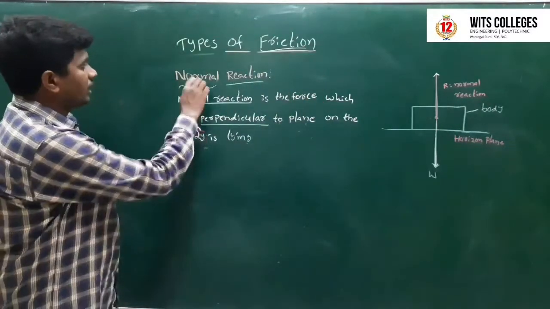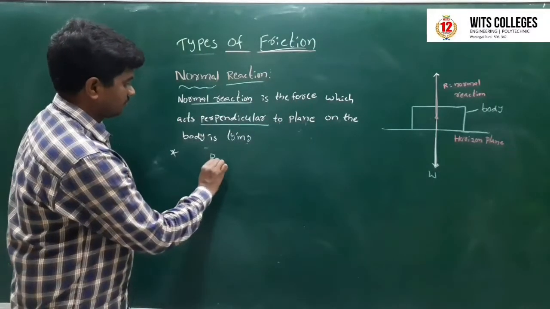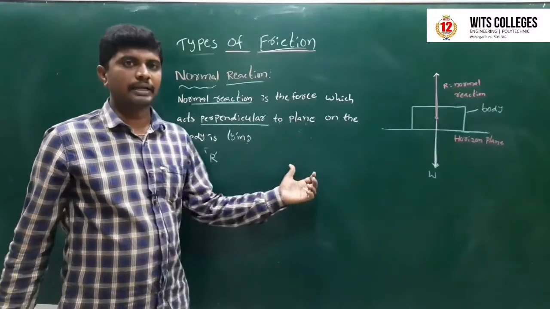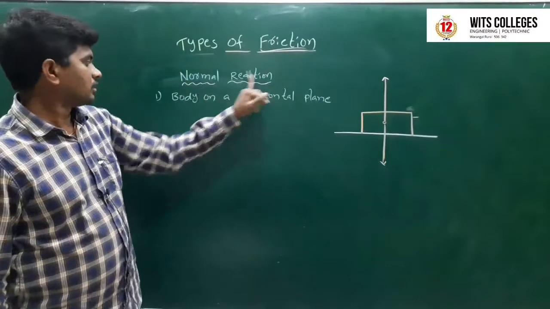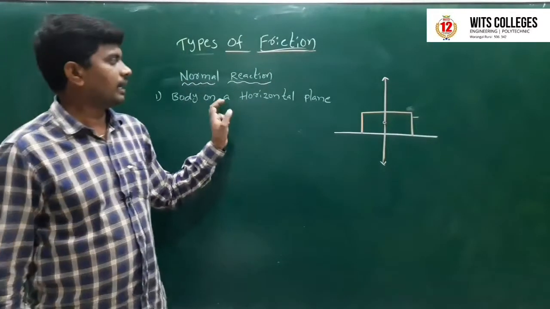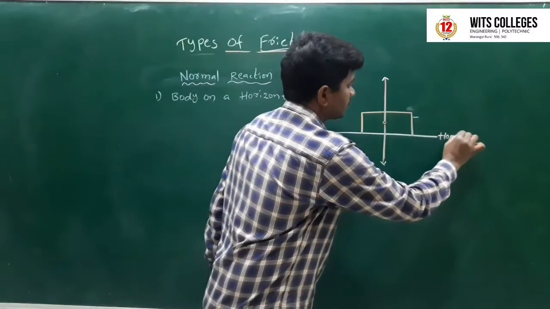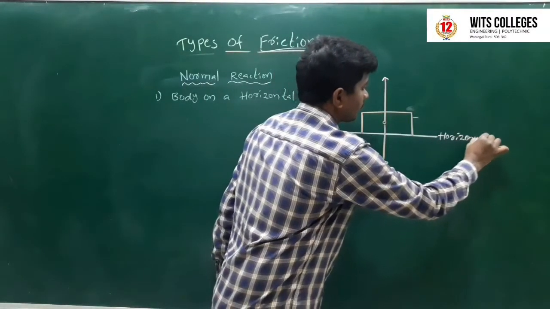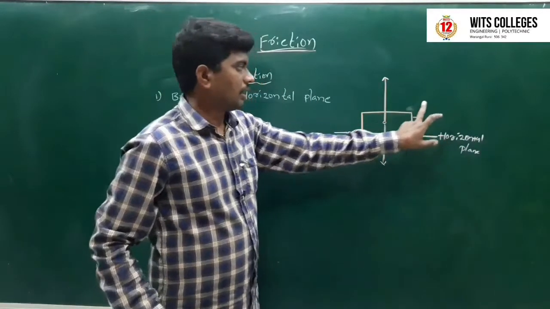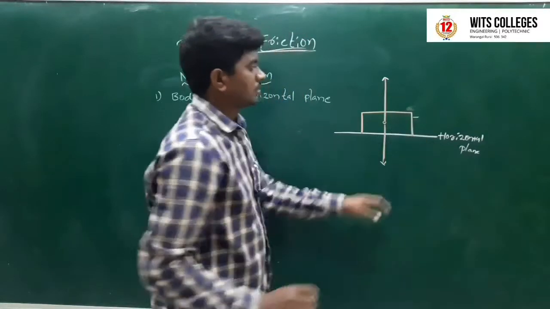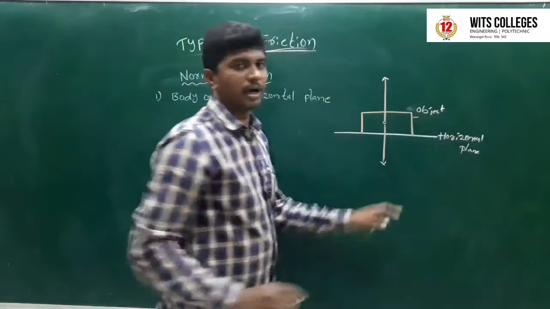Normal reaction is represented by capital R. The first case is a body on a horizontal plane. This is the horizontal plane, and this is an object of some mass m.